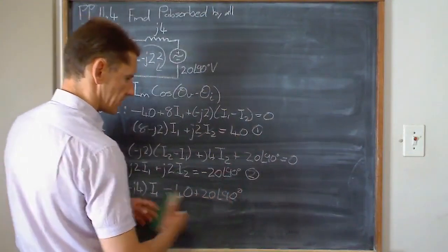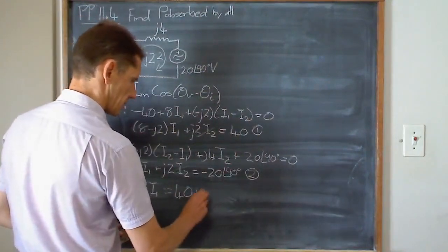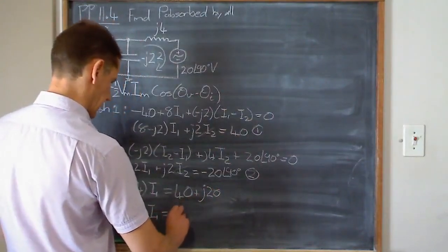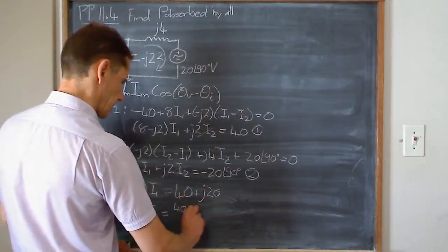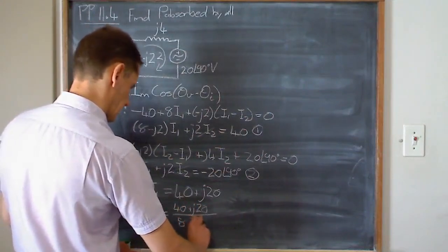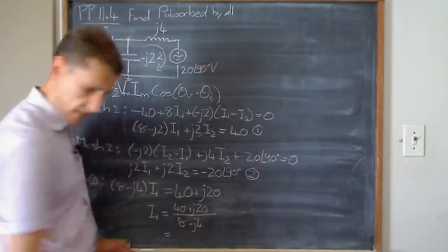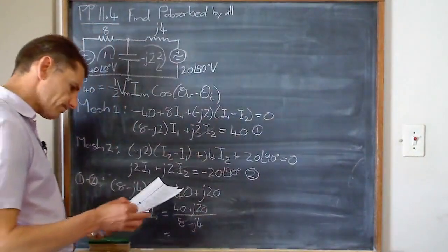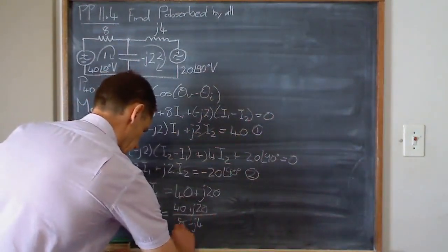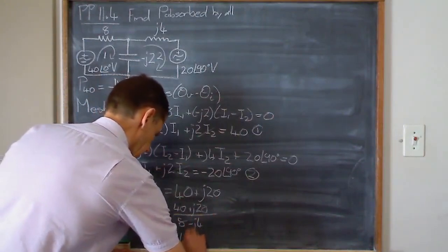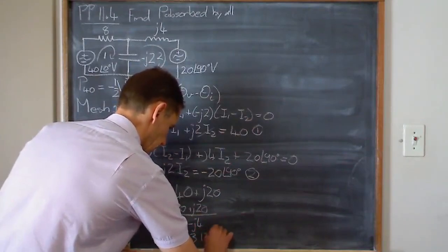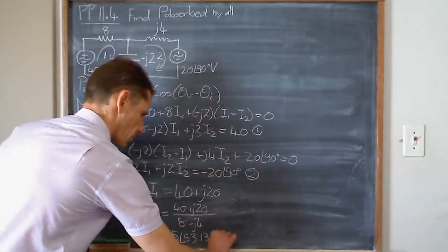But I know 20 angle 90 is just plus J20, which means I1 equals, so now it's the 40 plus J20 divided by 8 minus J4, and that gives me how much? 5 angle 53.13. 5 angle 53 or 51? What did I say? 53. 53.13 degrees, and it's a current, so it's amps.